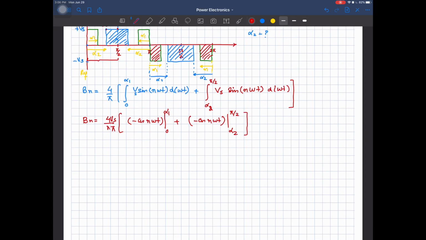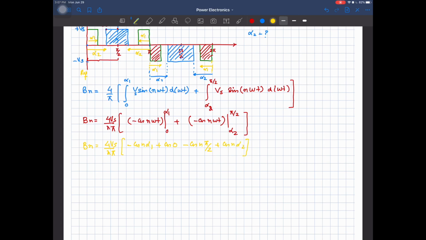So now if I apply these limits and write down this expression, this will be equal to 4Vs by n pi into minus cos of n alpha 1 plus cos of 0 minus cos of n pi by 2 plus cos of n alpha 2.